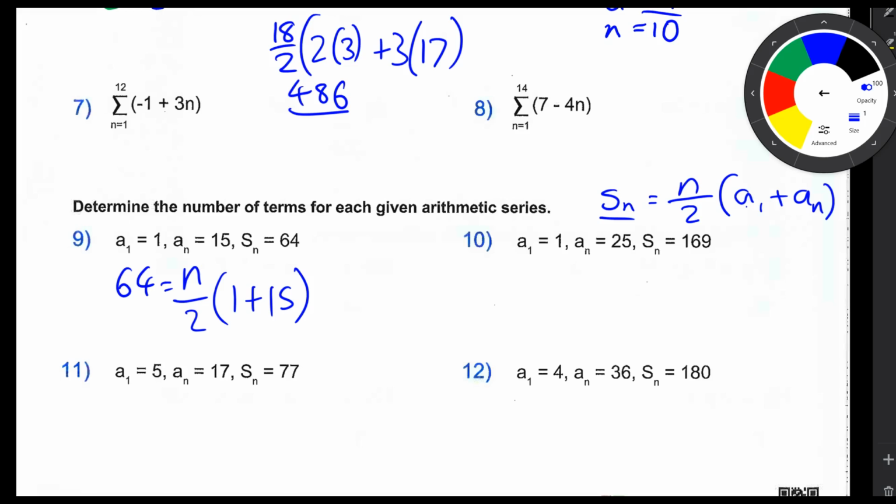Okay, so 64 divided by 16 is 4, times 2 is 8, so we're left with 8 terms in the sequence, because 8 divided by 2 is 4, times 1 plus 15, 16 equals 64.